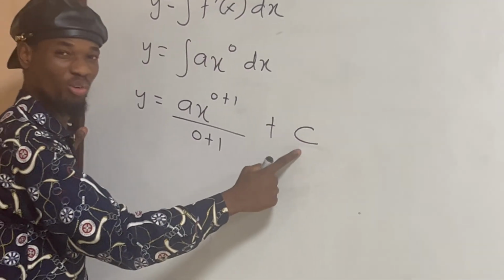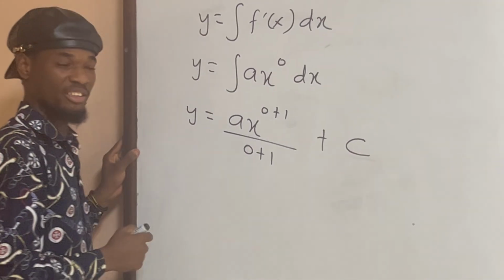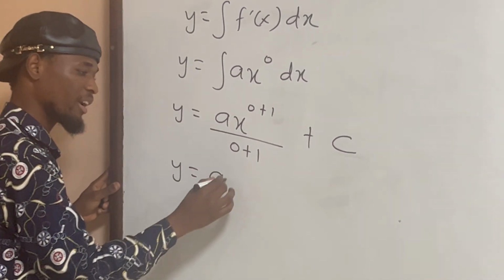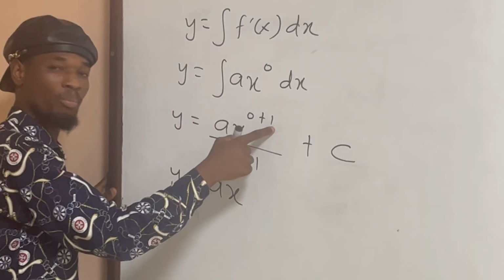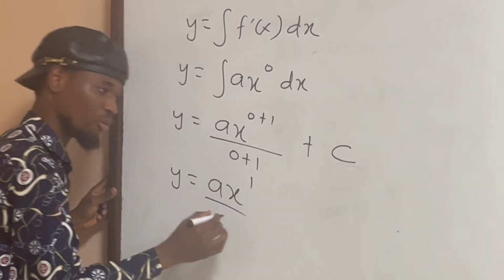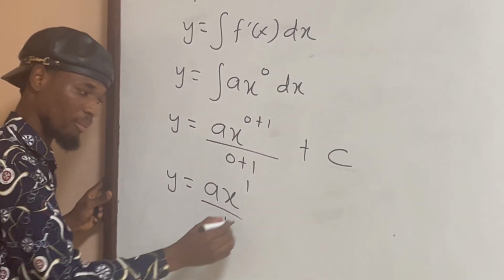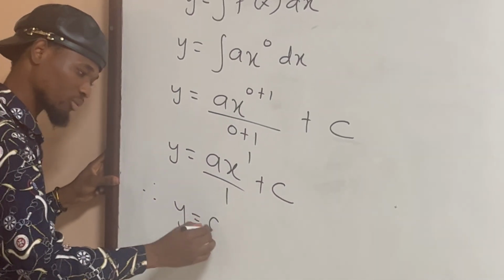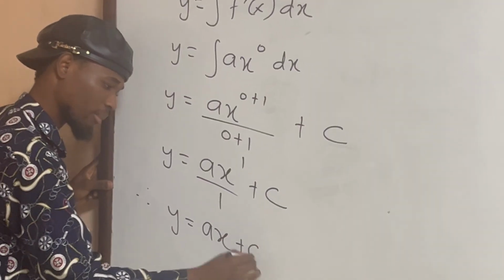You can be penalized for not bringing the constant of integration. So we have y is equal to a x to the power 0 plus 1, which is 1, all over 0 plus 1, which is also 1, plus c. So therefore, y is equal to ax plus c.